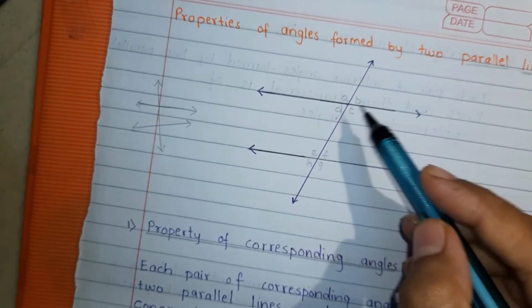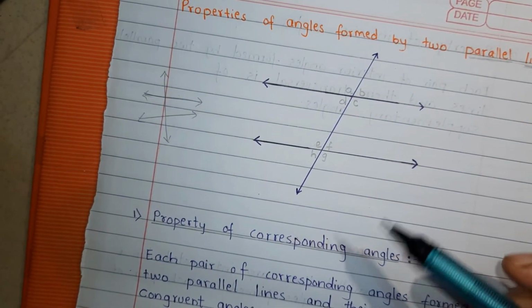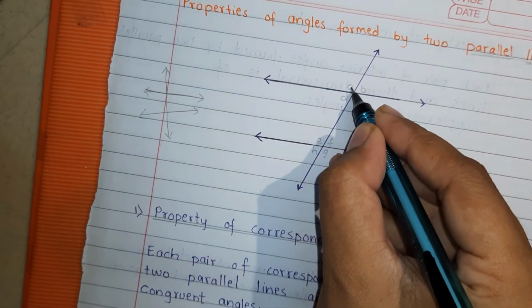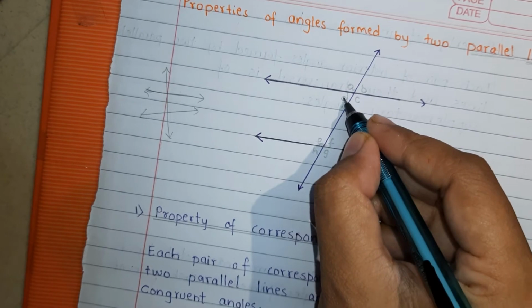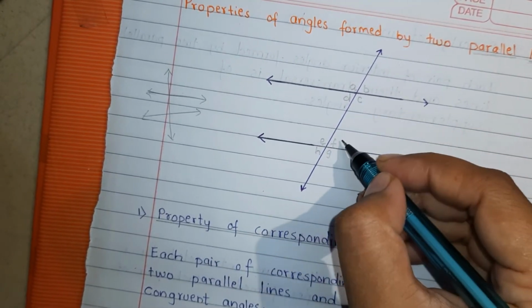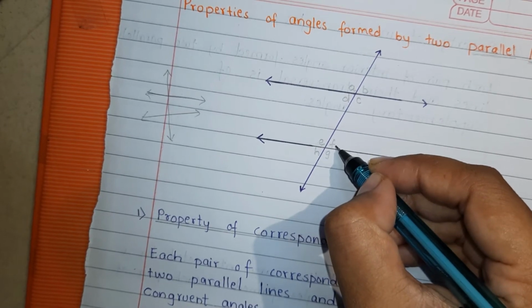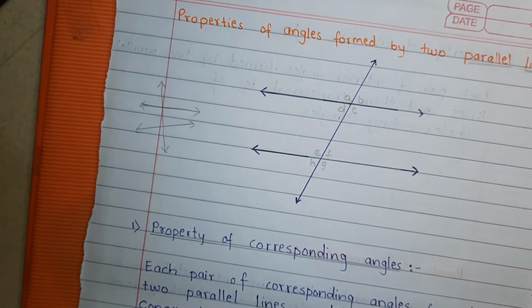Means what? Corresponding pairs of angles are equal. They are congruent. Angle A and angle E will always be congruent. Angle D and angle H will always be congruent. B and F will always be congruent. And angle C and angle G will always be congruent.